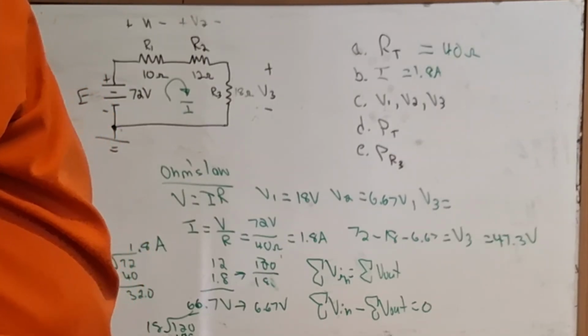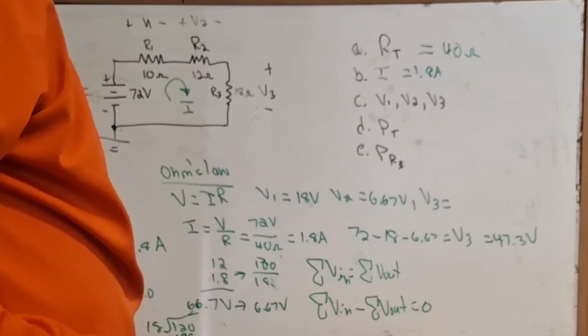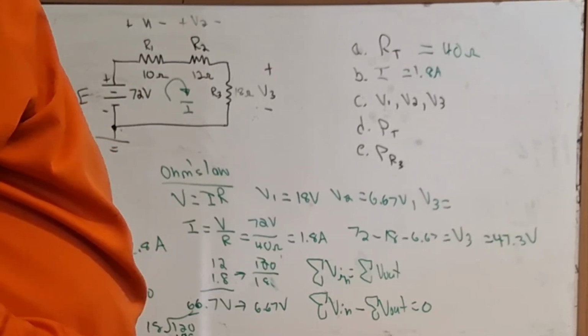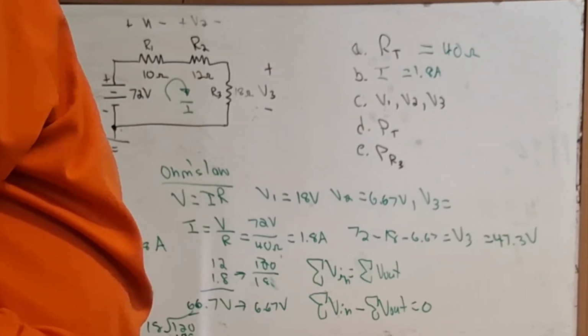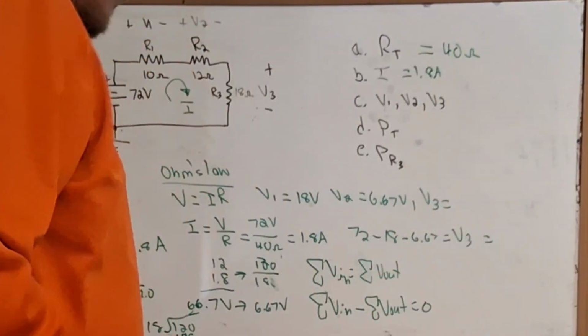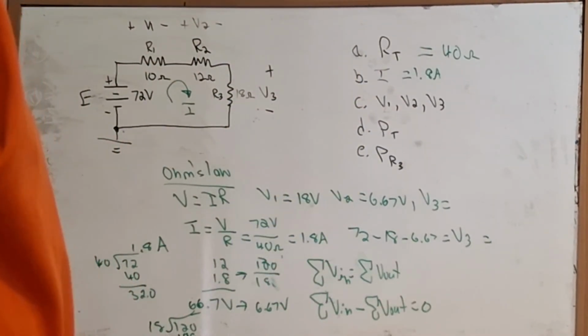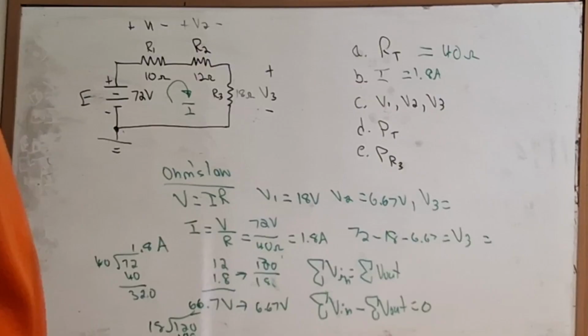And let's do 18 times 1.8. 32.4. So this number was wrong. I did that one wrong. I thought I did it wrong. That's why I got my calculator. But 72 minus 18 is 54, and 54 minus 6.67.